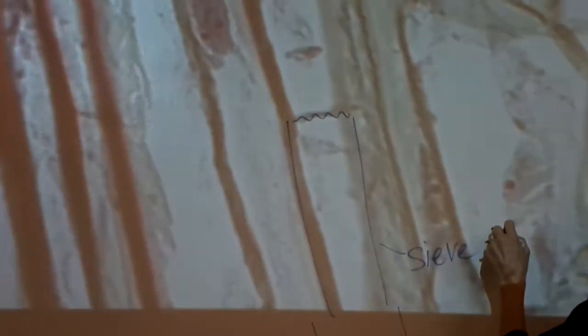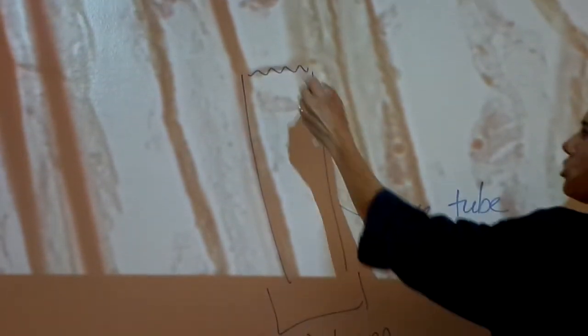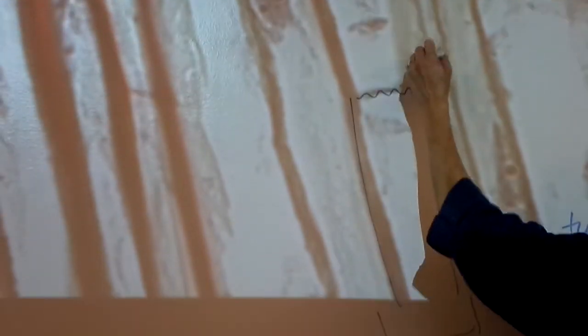The cells that make up the tissue phloem are called sieve tube members or elements, either one. You can call them elements. And what separates the two cells is called a sieve plate.